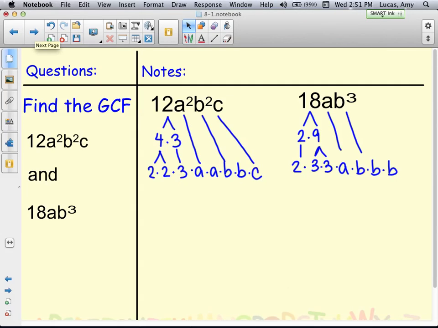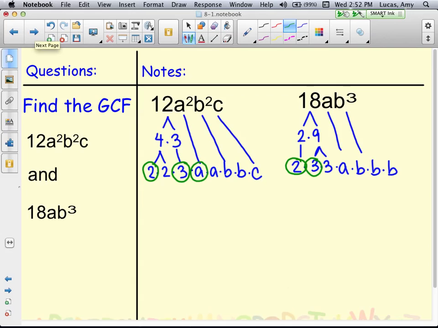So, to find their greatest common factor, I am going to circle everything that they have in common. I see a 2, I see a 3, an A, and 2 B's.